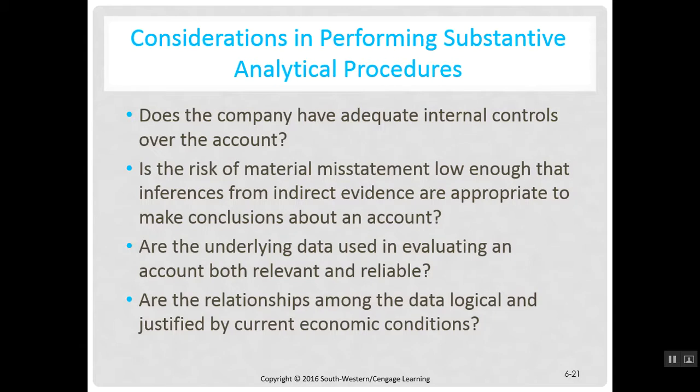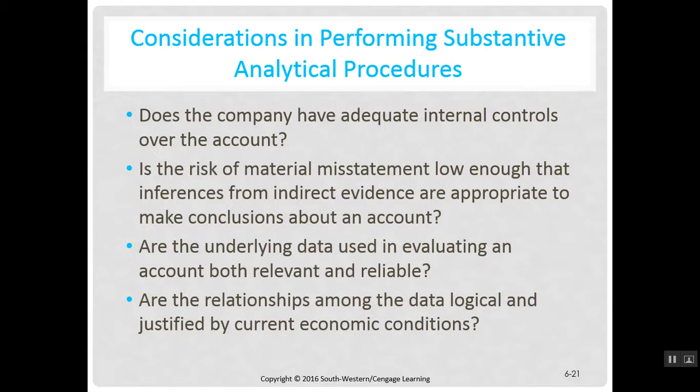So some of the things that we need to consider in performing substantive analytical procedures. Exhibit 6.9 in the book shows us a chart of alternative approaches to substantive procedures. And actually, I'm going to go through that exhibit in class so we can talk about it a little bit more. But basically, when you're looking at performing substantive procedures, you need to ask yourselves these questions.